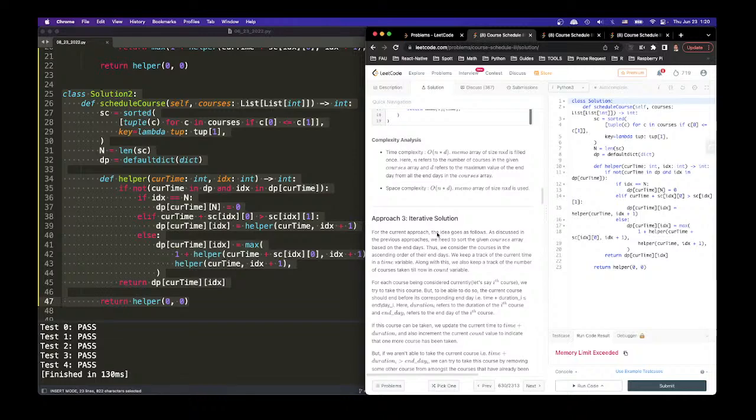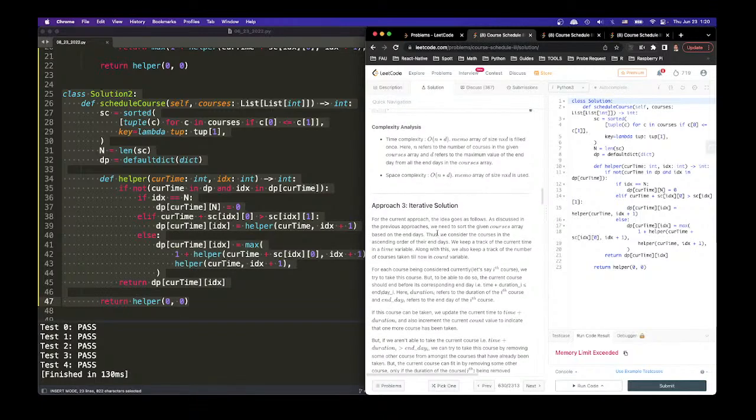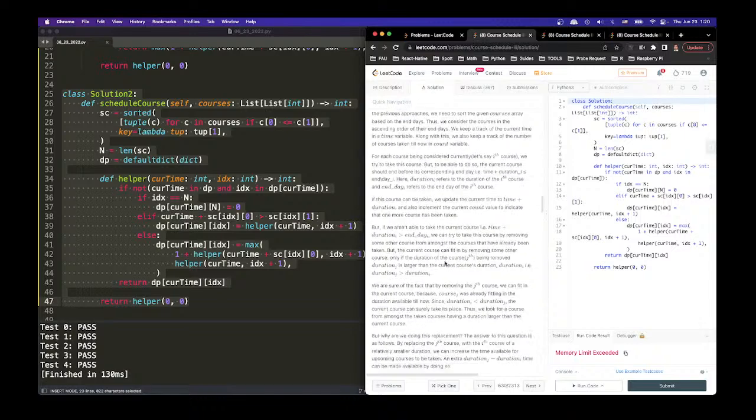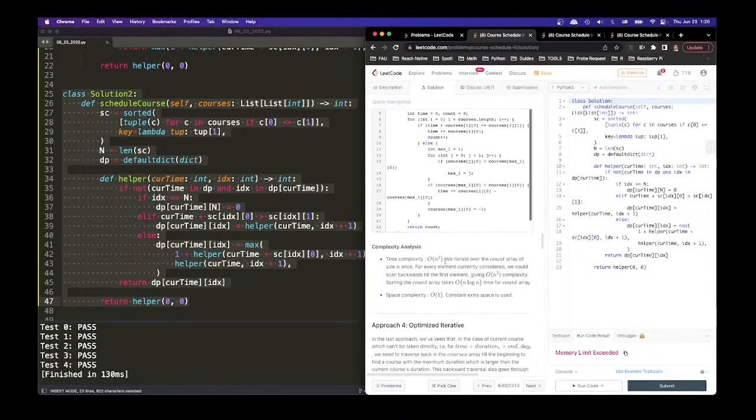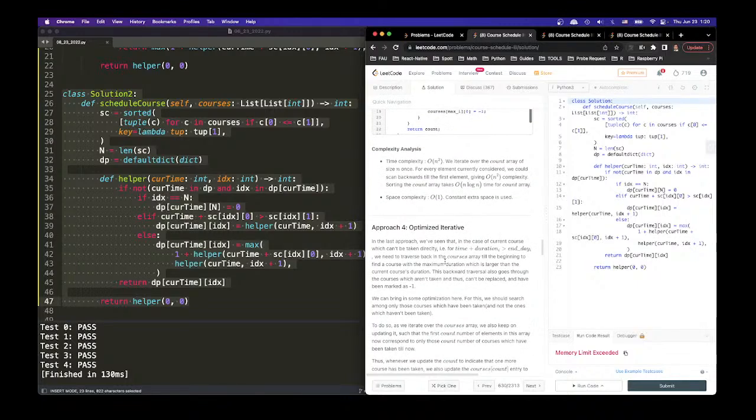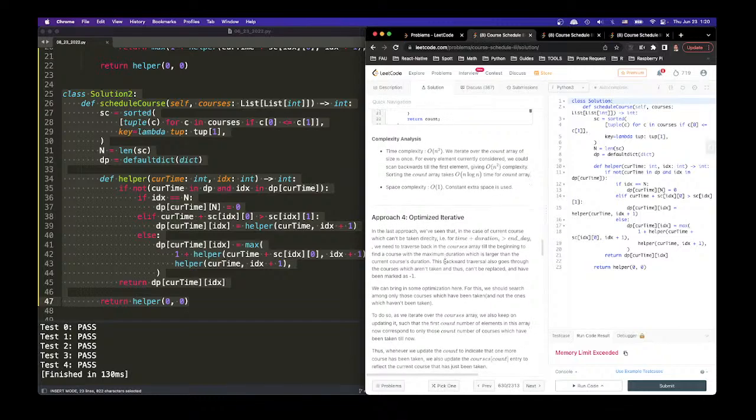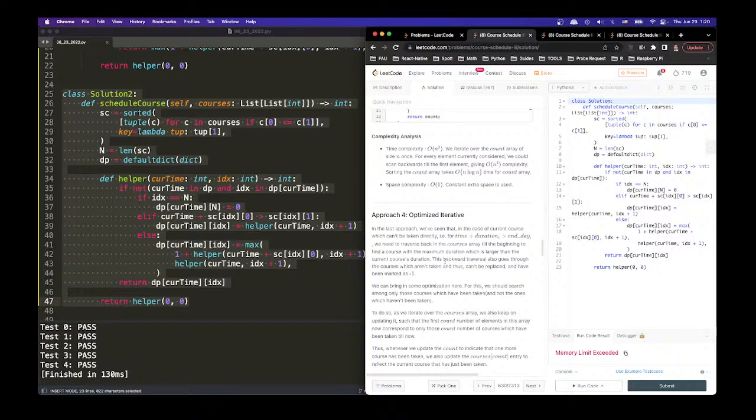Yeah, I have the solution. So as we go through, we find that we cannot keep taking classes because some class has too big a duration, right?